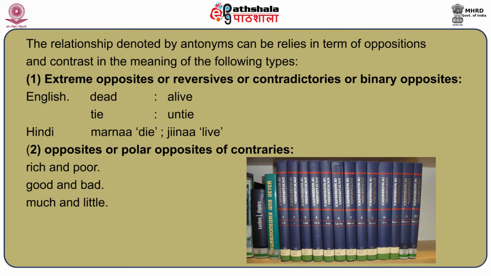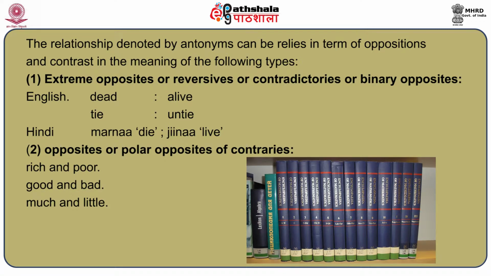These words show binary taxonomy or absoluteness of boundary, as far as Leech is concerned, and do not allow anything between them. In other words, they are not graded. Dead means not alive. There cannot be degrees of deadness or aliveness.